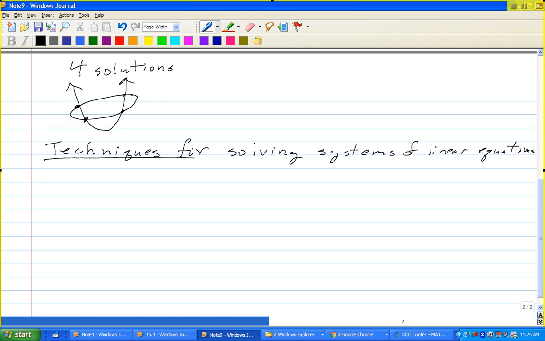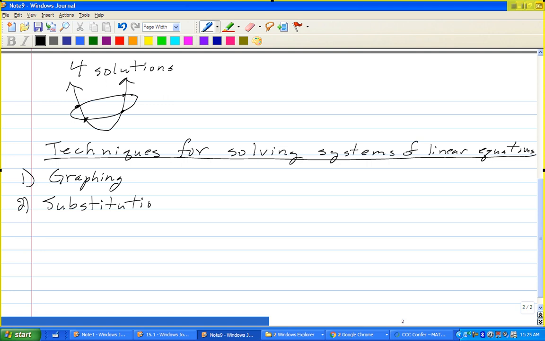The techniques were graphing, substitution, elimination, the matrix methods, and determinants.